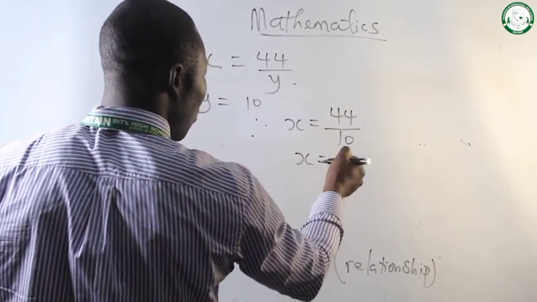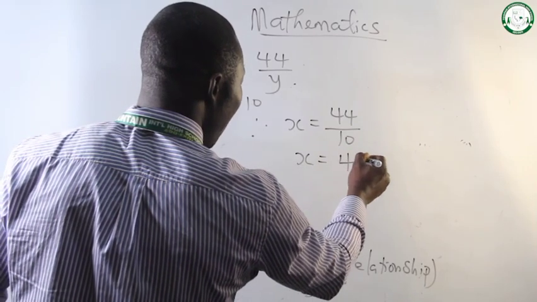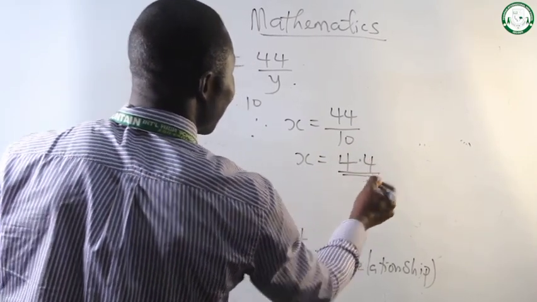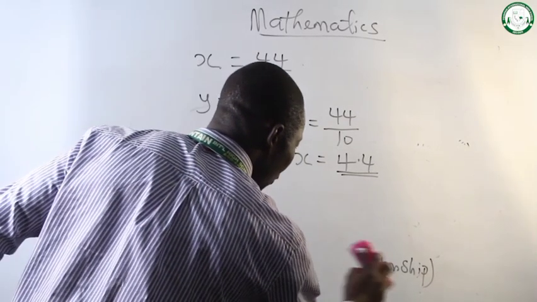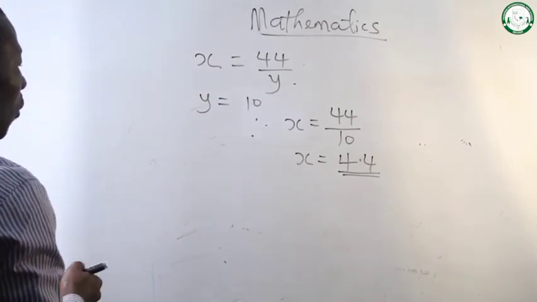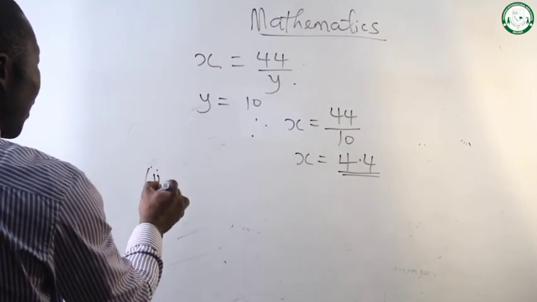X equals, when you divide this one, will give me 4.4. That is when y equals 10.